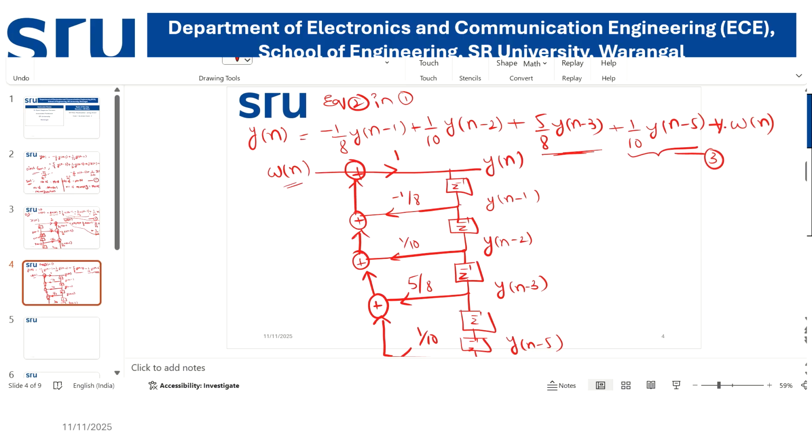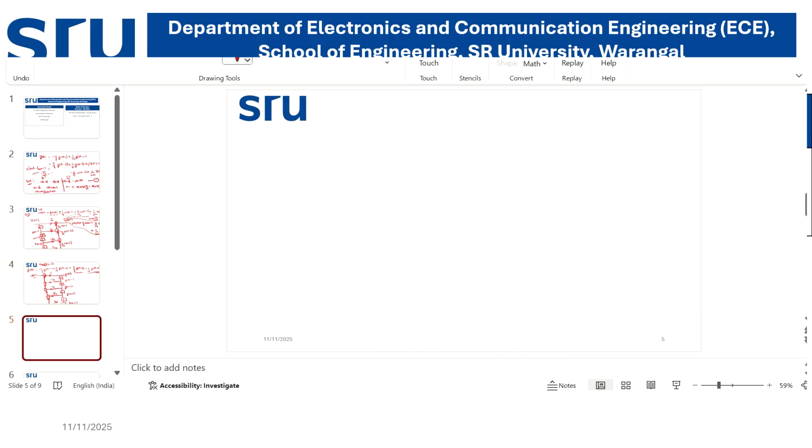This is the realized equation number 1, that is the overall circuit. So whatever we have drawn for equation number 2 as well as for equation number 3, the combined circuit is a realization for the given difference equation. Now if I draw the combined circuit, first input is x of n and the output is y of n. So the same circuit we are combining with w of n. So w of n is the output here.